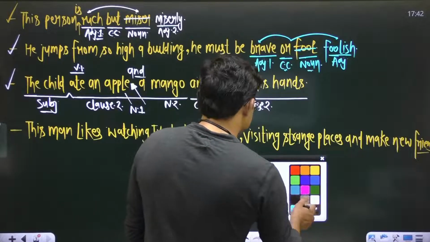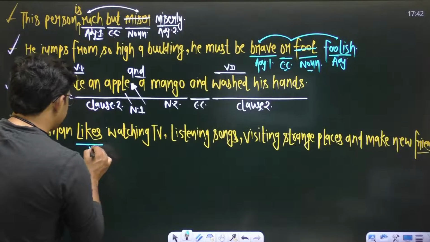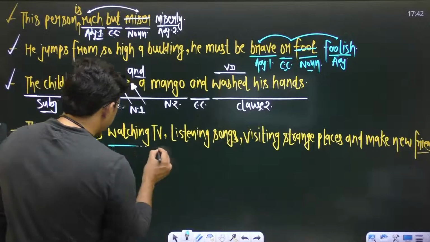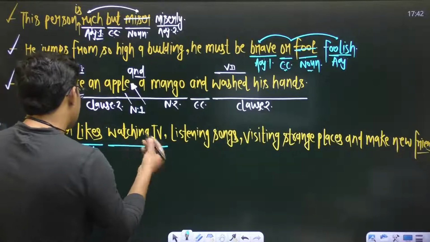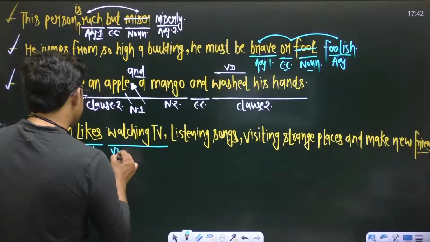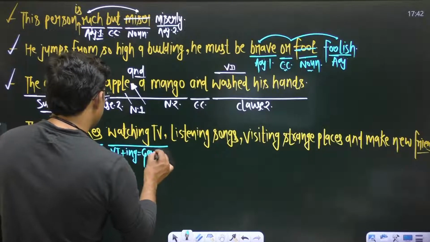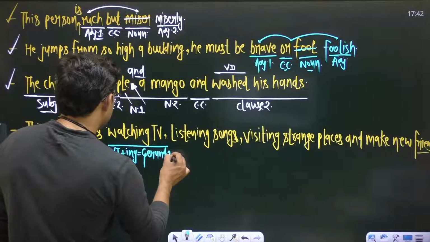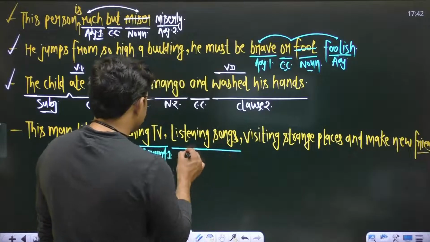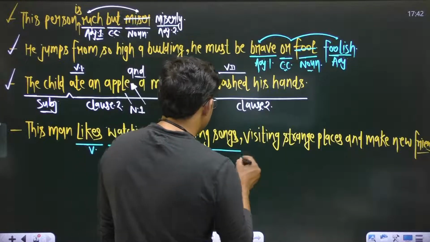Okay, in this sentence we know it very well. After this verb likes, we have first form plus ing, and after combining first form plus ing, it becomes a gerund. This one is the first gerund. After that, listening songs is also a gerund, the second gerund.